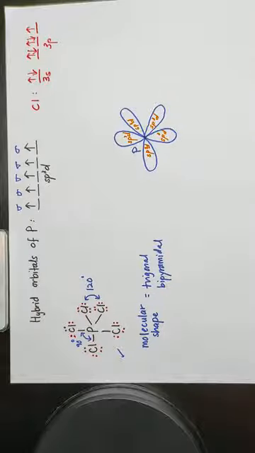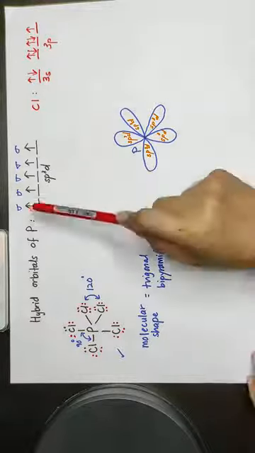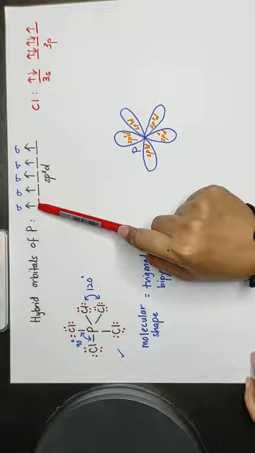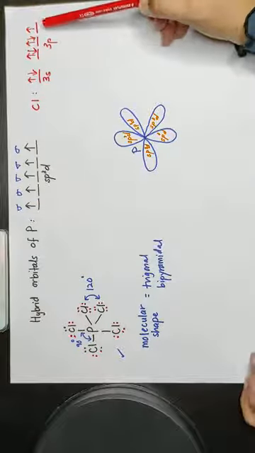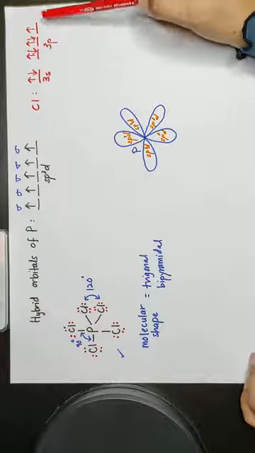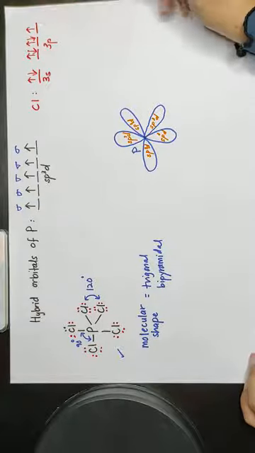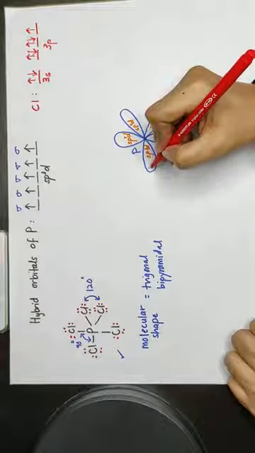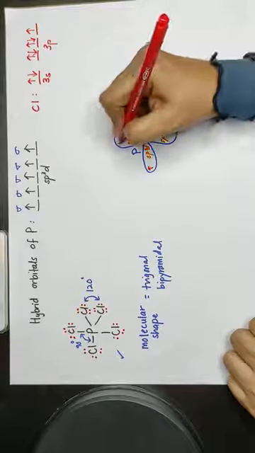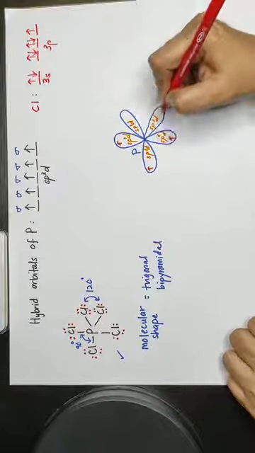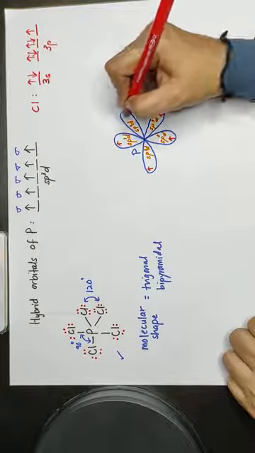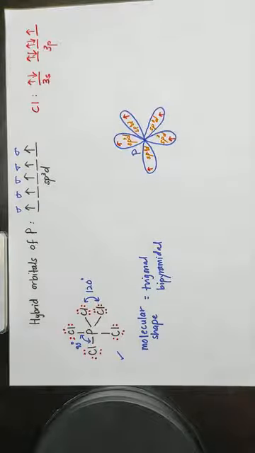Each of these hybrid orbitals will overlap with one of the 3p orbitals of chlorine, end-to-end overlapping. And here there is 1 unpaired electron in each of the 5 orbitals. Now let's show the overlapping.